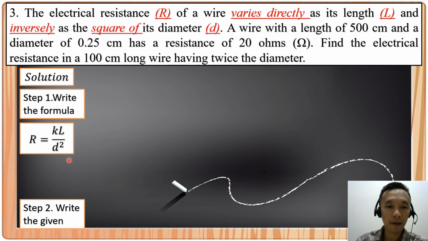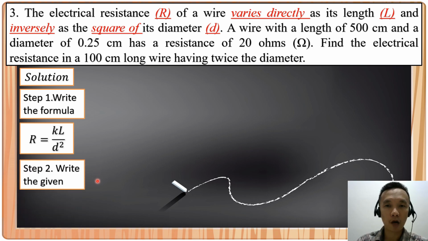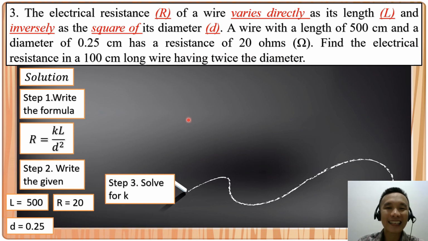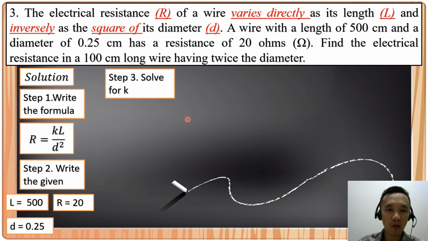Then the second step is we are going to write our given. The given here is the length, which is 500 centimeters, diameter is 0.25, and your resistance R is 20 ohms. So we are now going to solve our K.